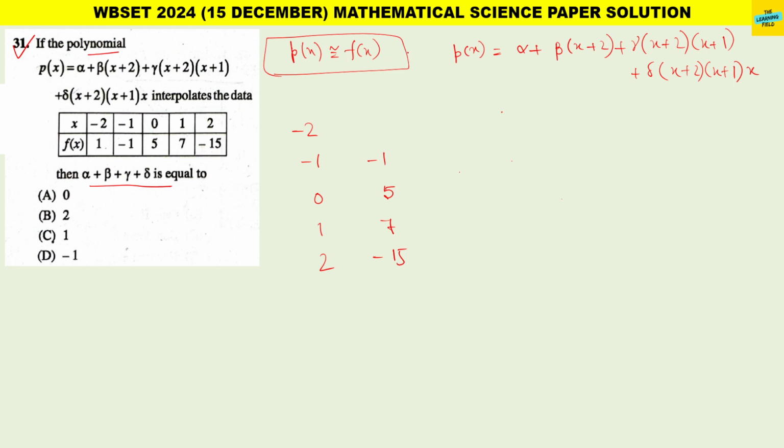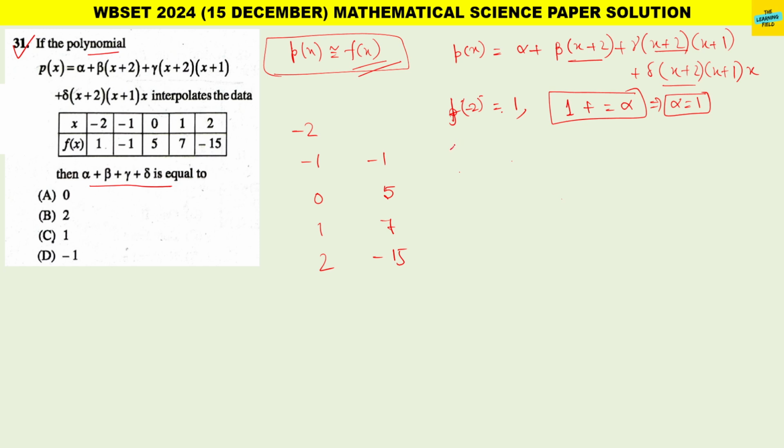So if f(x) approximates P(x), then P of minus 2 or f of minus 2 is equal to 1. So if we put minus 2, then this is 1 plus this 0, this 0, this 0. This is equal to only alpha. Fine. So this implies alpha equal to 1.